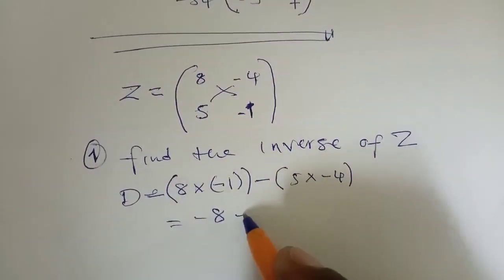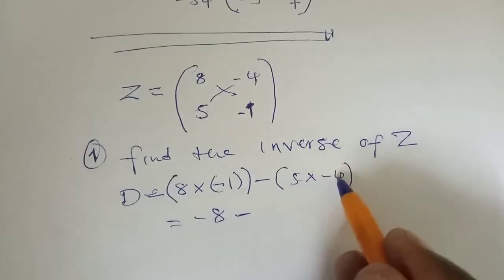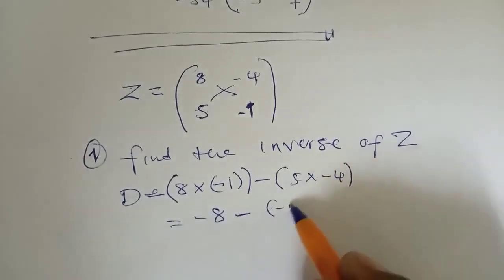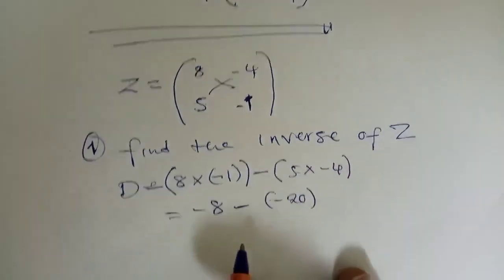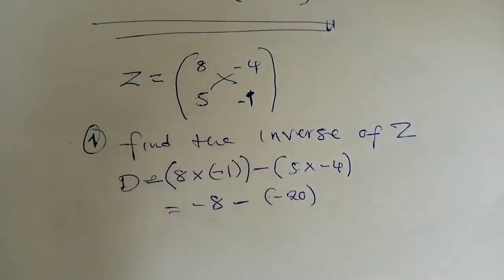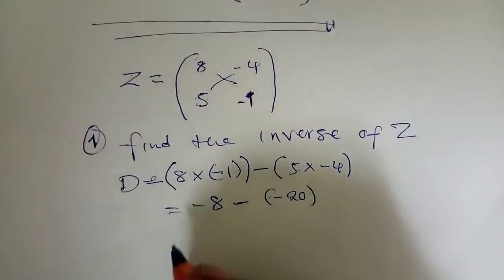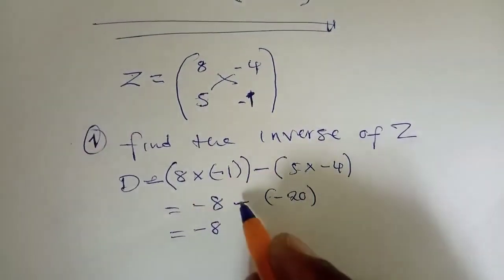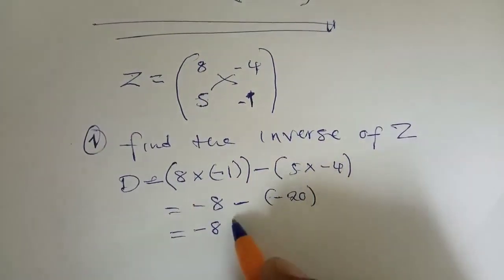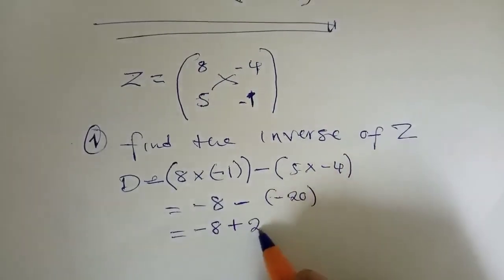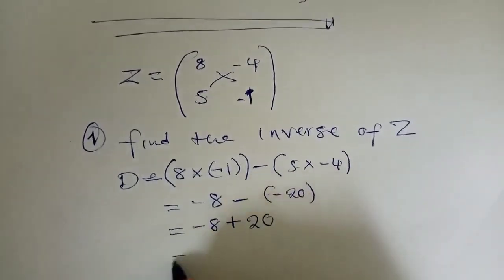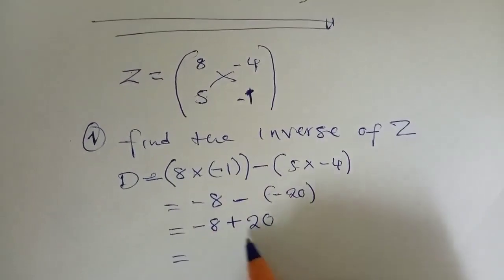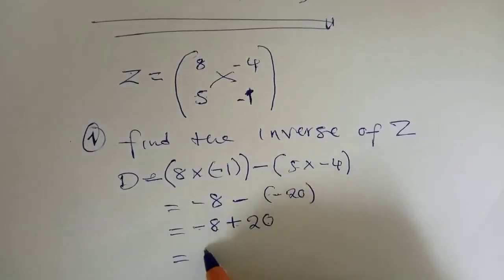Then you put the negative sign here. 5 times -4 is -20. Then we multiply negative times negative, that is +20. So what is the determinant? -8 plus that one is actually +12.